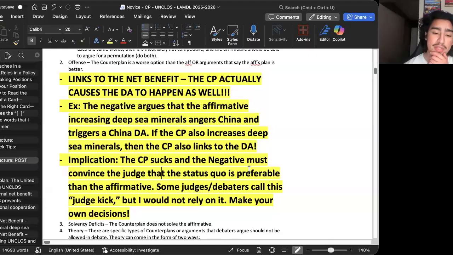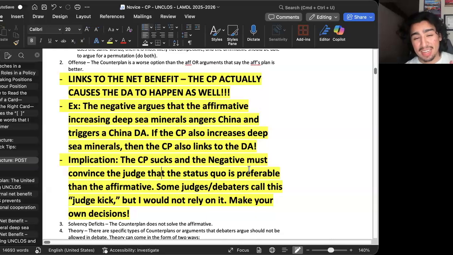The judge can just be like, I'm gonna kick the counterplan for the negative and then just vote on the disadvantage itself, without any work from the negative. All the negative has to tell the judge is, judge, if you're not feeling the counterplan at all, judge kick it and only evaluate this debate as disad versus case.